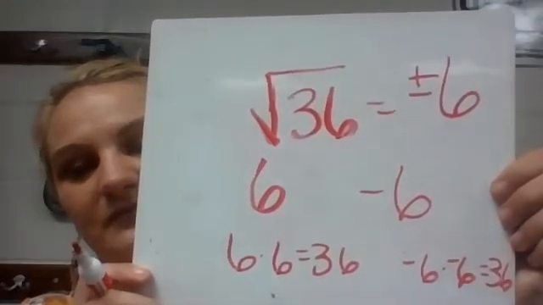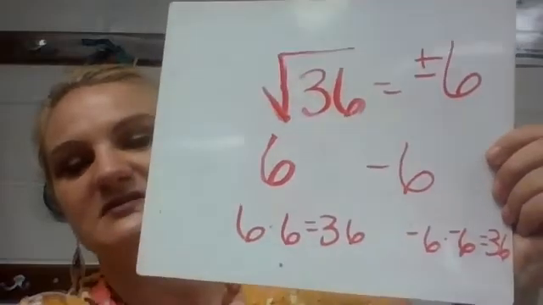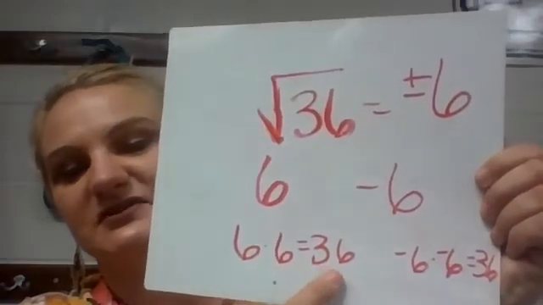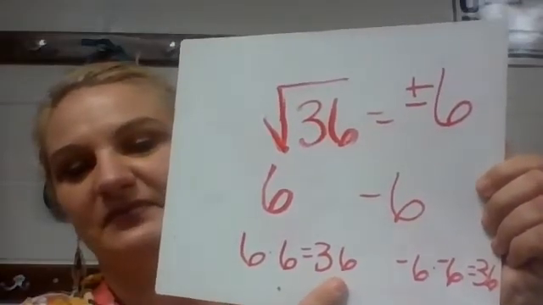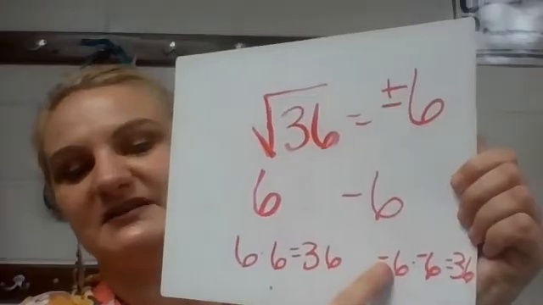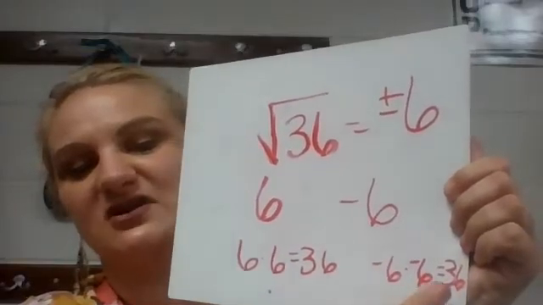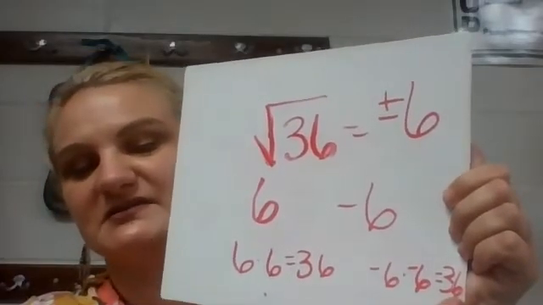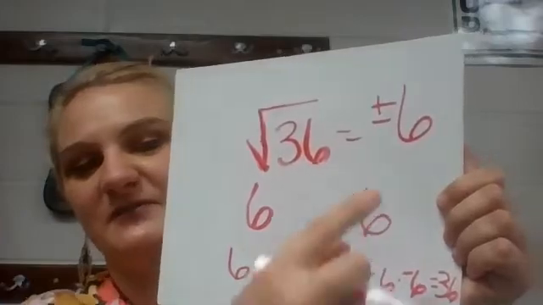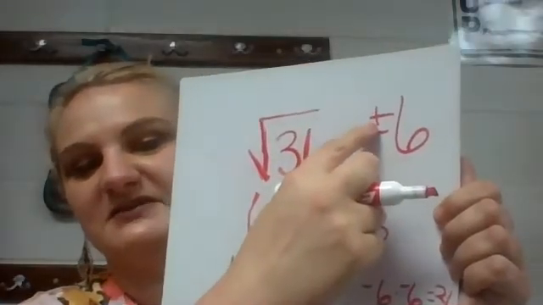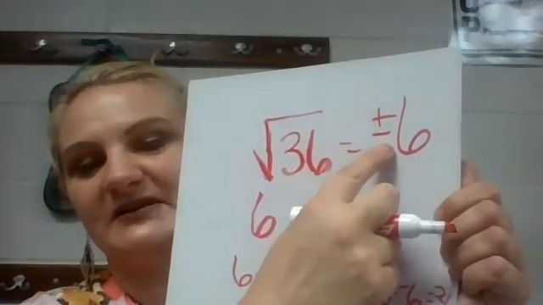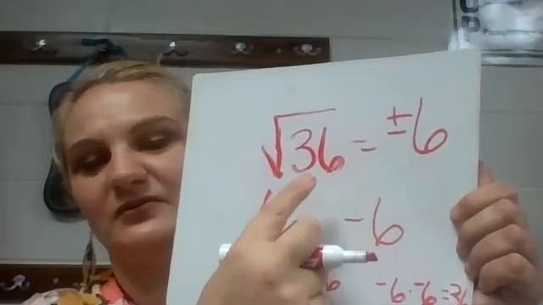So how'd you get the other 6? Because 6 times 6 equals 36, right? But negative 6 times negative 6 also equals 36. So to represent that, we put positive or negative 6.